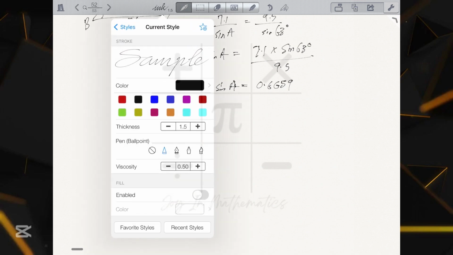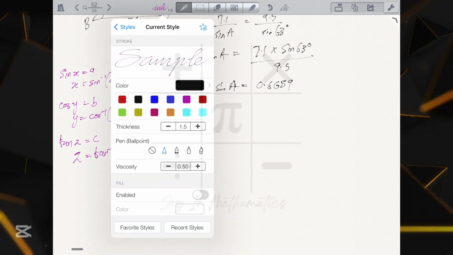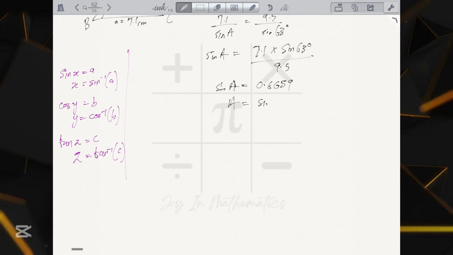If we recall from our inverse trigonometric functions, if sine x is equal to A, definitely x will be equal to arc sine of A. We do the same thing for cosine, as we have cosine y is equal to B, then y is equal to arc cos of B. And similarly, tangent z is equal to C, and angle z is equal to arctan of C. So implementing that here, we have that our angle A will be the arc sine of 0.6659.